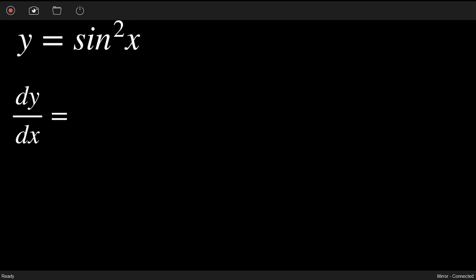Now, anytime you see something like sine squared or sine to the fourth power of x or anything like that, one of the ways you can interpret this is as sine of x in parentheses being squared. This means exactly the same thing, which means we need to apply the power rule to this. Power rule says we will bring that exponent to the front and then reduce it by 1, so it becomes to the first power. Inside part stays the same.